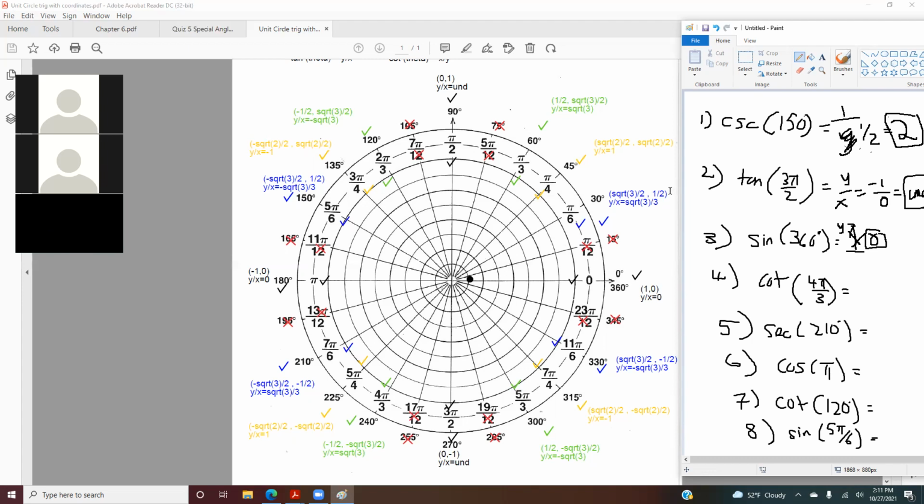Negative, Andrew? Yep, negative. Calvin? 1. Negative 1/2 over negative square root 3 over 2. Yep. So cotangent 4 pi over 3 is this one. So the coordinates is this. And cotangent is what? X over y or y over x? X over y. So that's why your x in this case is negative 1/2. And your y in this case is negative square root 3 over 2.